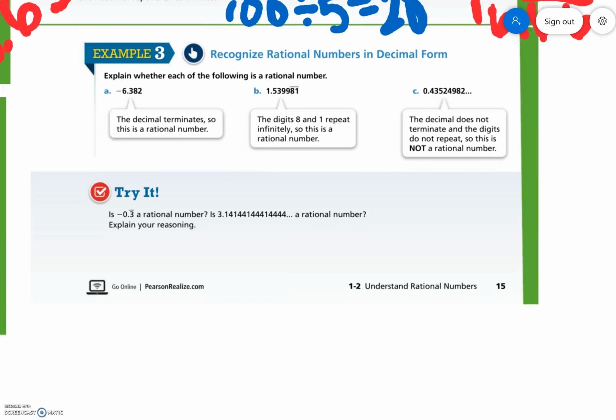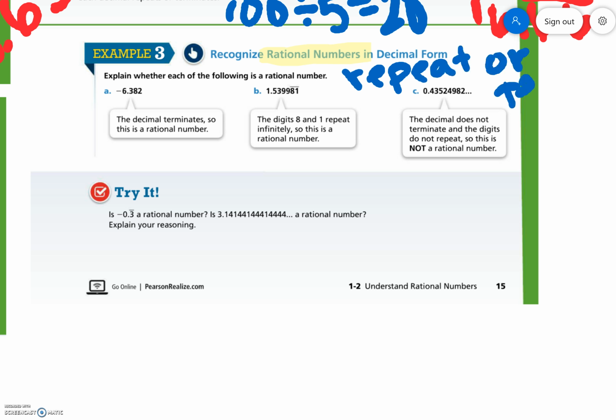Last example. Explain whether each of the following is a rational number. So this whole lesson we've been talking about rational numbers. Rational numbers are ones that repeat or terminate. So a rational number, you're going to need to know this. A rational number repeats or terminates.